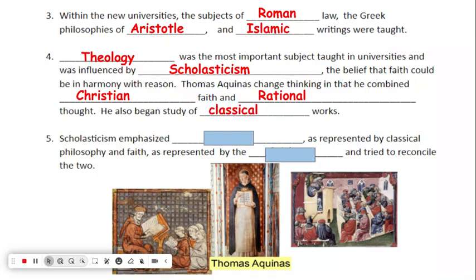Within some of Aquinas's writings, he talks a lot about Greek philosophers like Plato and Aristotle, and in a sense, it combines what might seem more secular with the religious thought. Scholasticism emphasized reason as represented by classical philosophy and faith as represented by the Bible, and tried to reconcile the two.